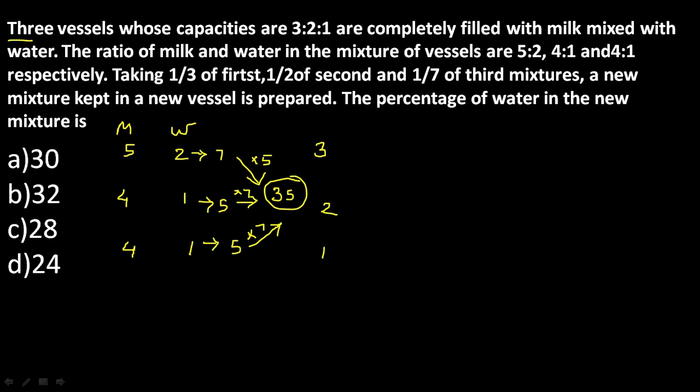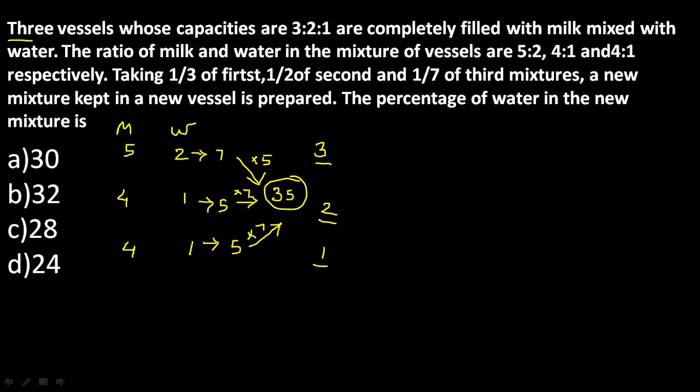Now this type of problem we have seen in the last video. When they have given that the three vessels are mixed in an equal ratio, we will take only the LCM. Here they have mixed in the ratio of 3:2:1.